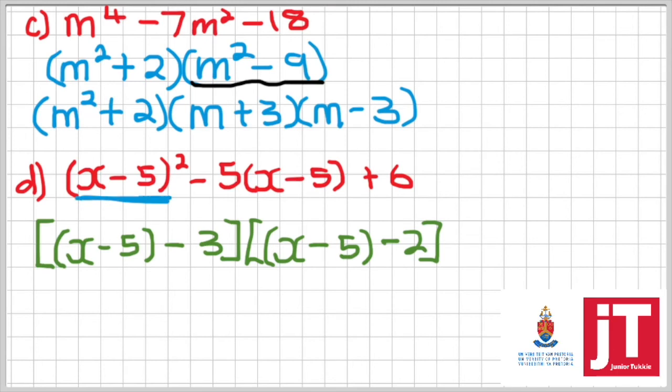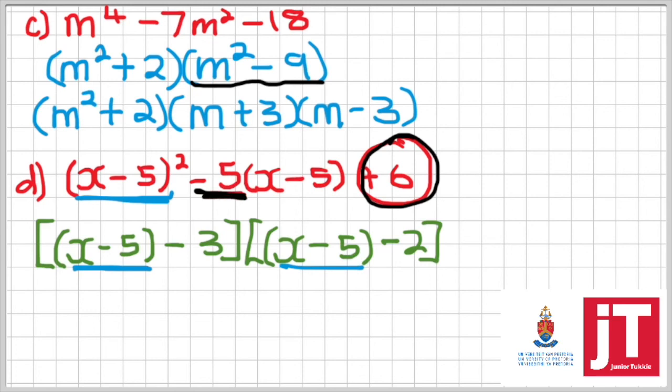One might wonder where I got the factors from. From that x minus 5 squared, it's as a result of multiplying x minus 5 and x minus 5. And to get the factors of plus 6, which when you add, they must give us the coefficient of the middle term, minus 5.